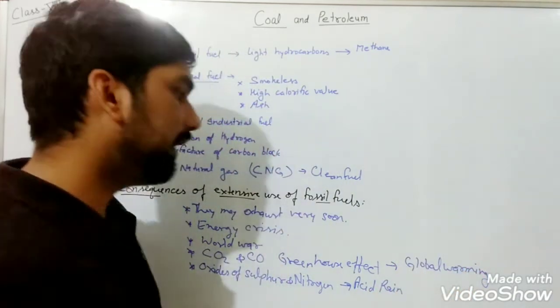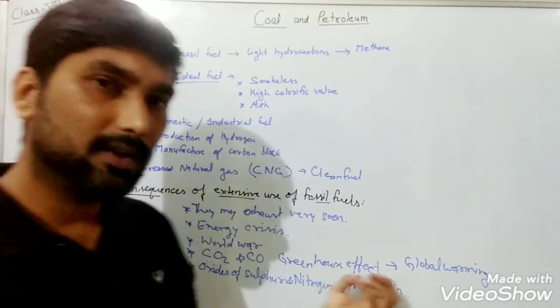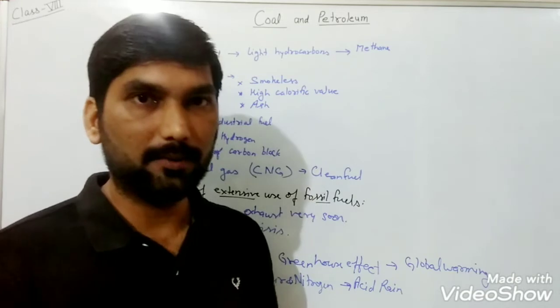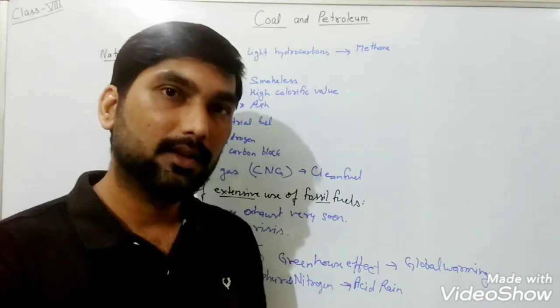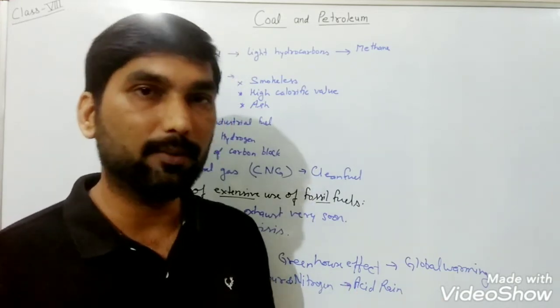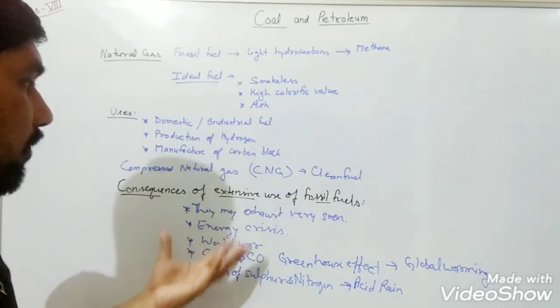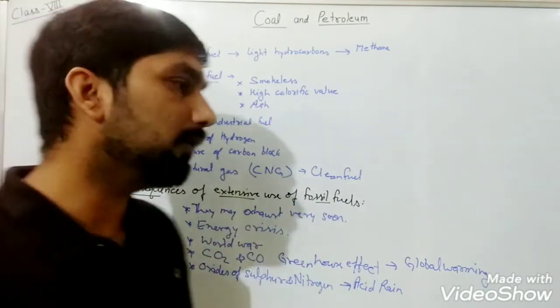Perhaps you have an idea about acid rain, that it is very harmful not only for plants and animals but also for monuments and the non-living things present in our surroundings. So these will be the consequences of extensive use of fossil fuels.